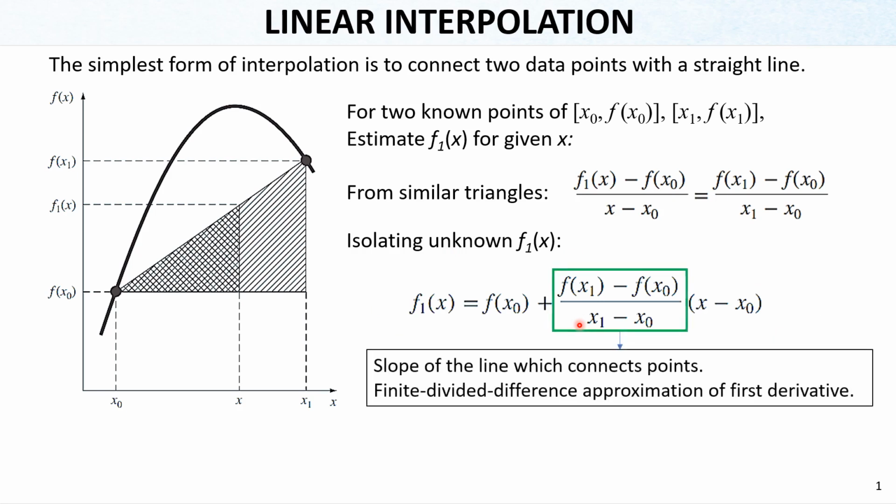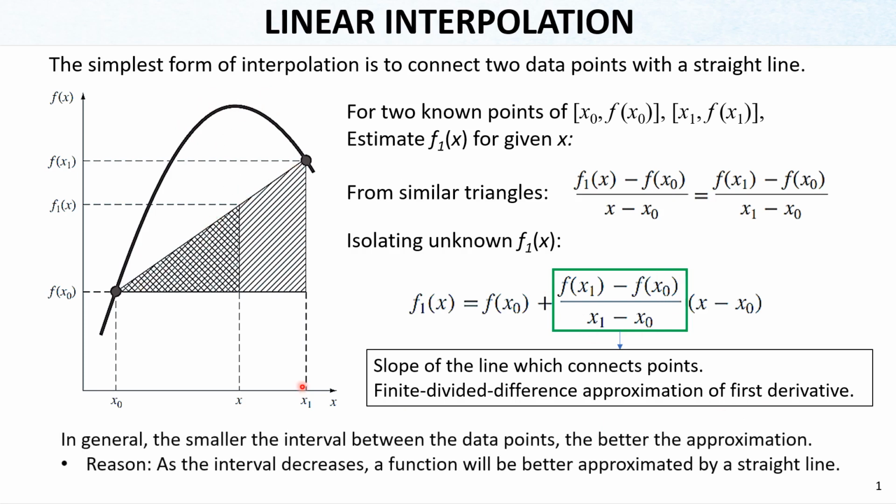And this gives the slope of the line which connects the points, a finite divided difference approximation of the first derivative. So slope means the derivative anyway. Over here, for instance, the derivative is here, but here it is estimated with this one.